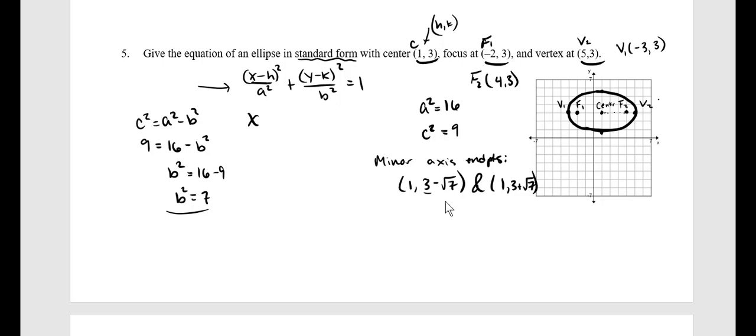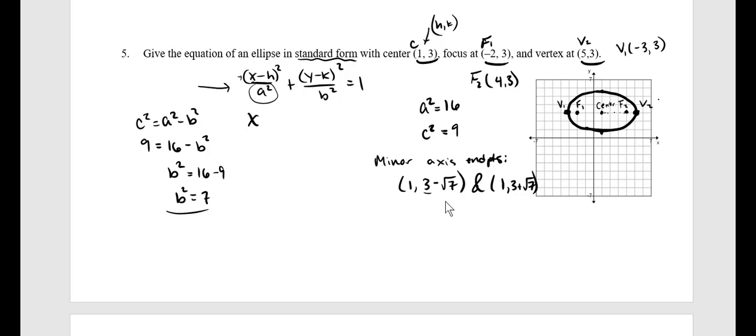I have a horizontal major axis, from V1 to V2. That tells me that my bigger value, my a value, should be under the x stuff, which it is. So I actually did, just by chance, choose the correct equation, but you could see from your picture whether this equation should have a and b reversed. If you had a vertical axis of symmetry, you'd have a and b reversed.